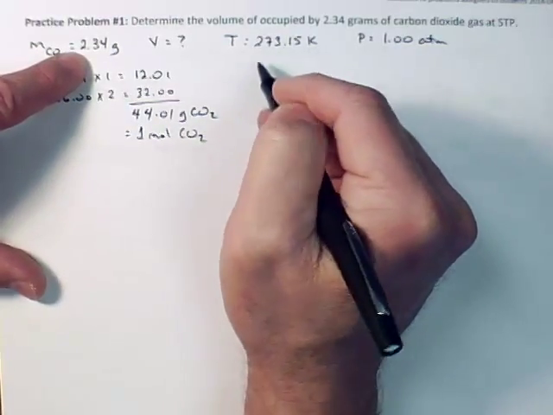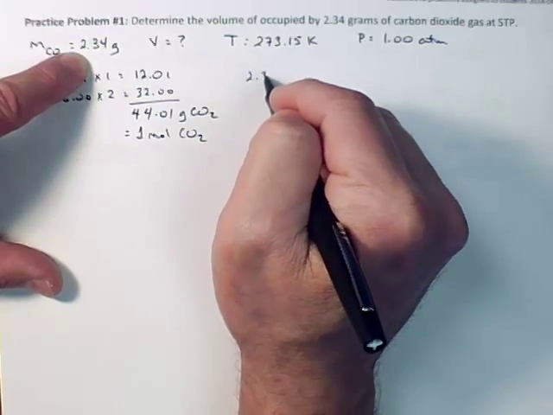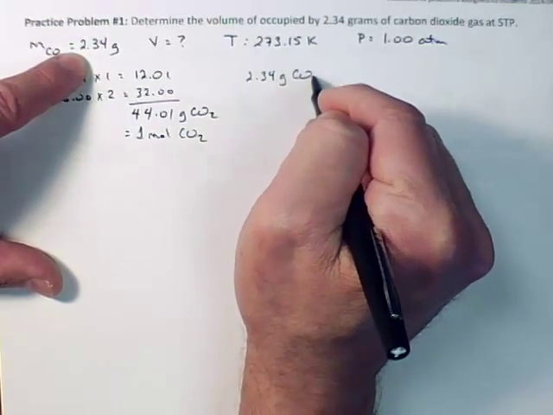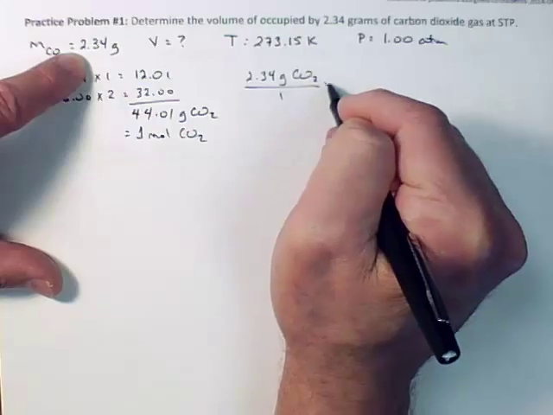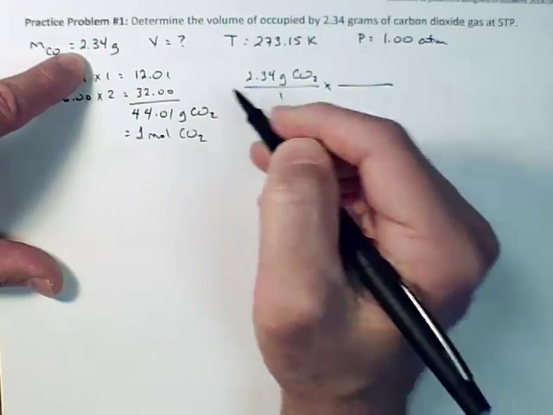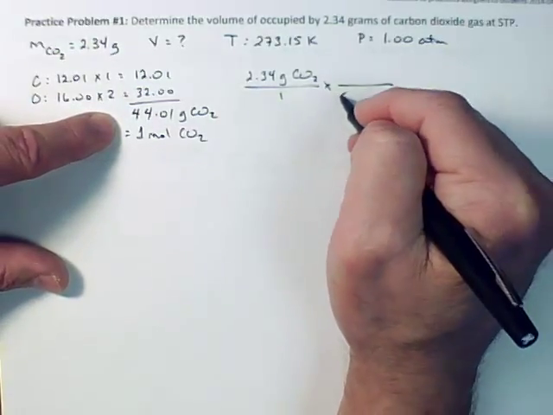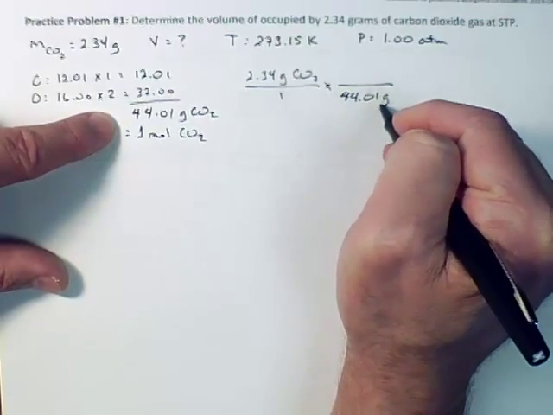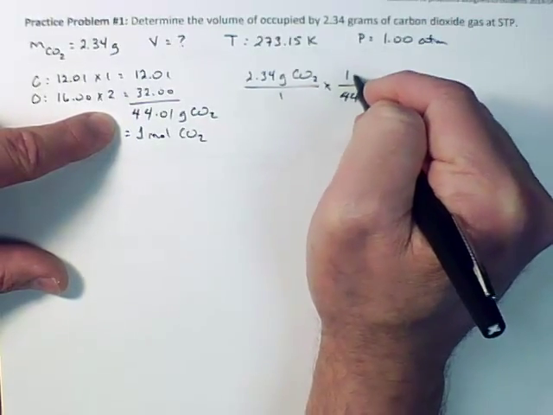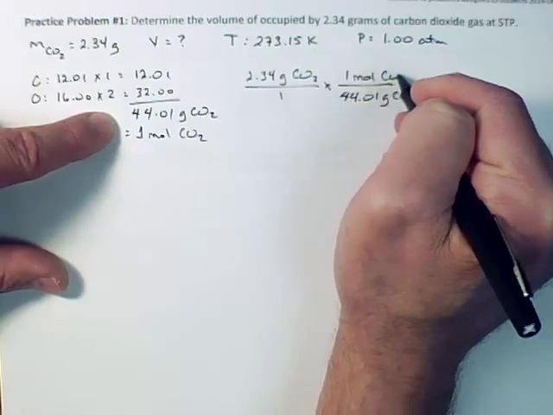So if we have 2.34 grams of CO2, you put that over 1. You can convert to moles using this equality statement. Grams are going to go on the bottom, 44.01 grams of CO2, 1 mole of CO2 on the top.